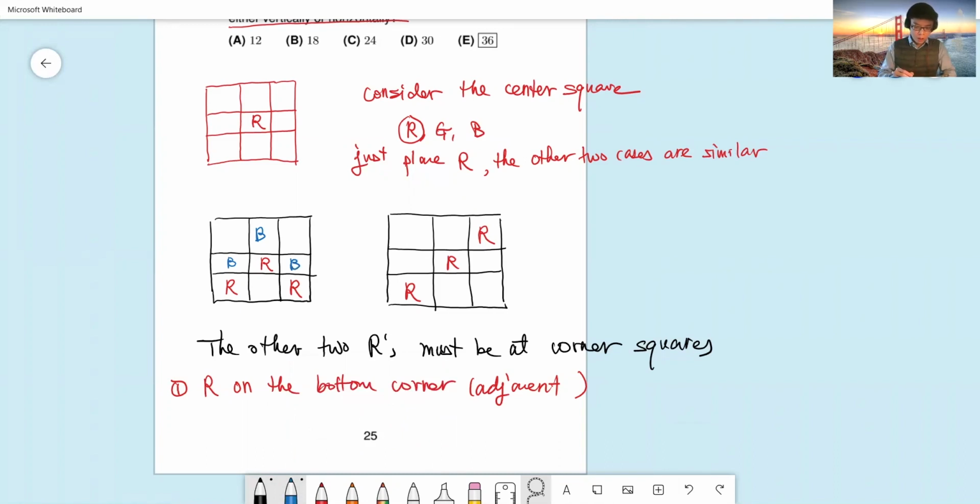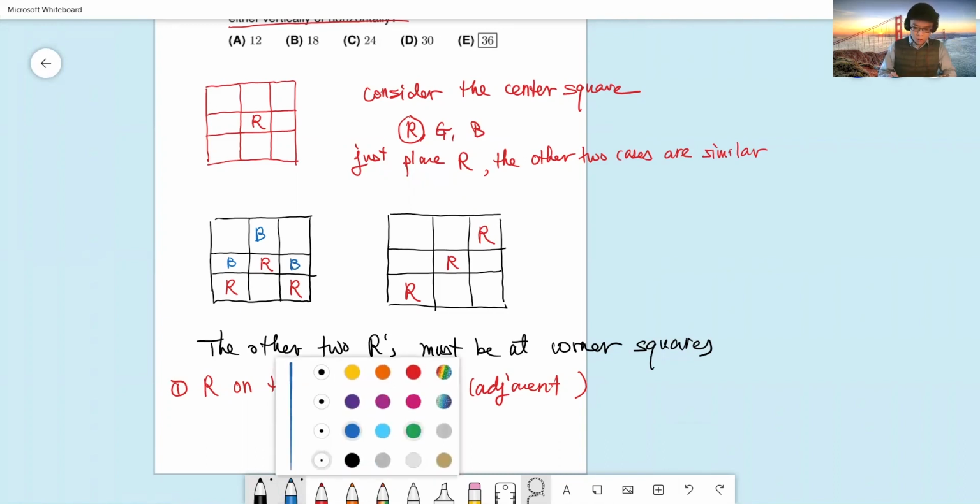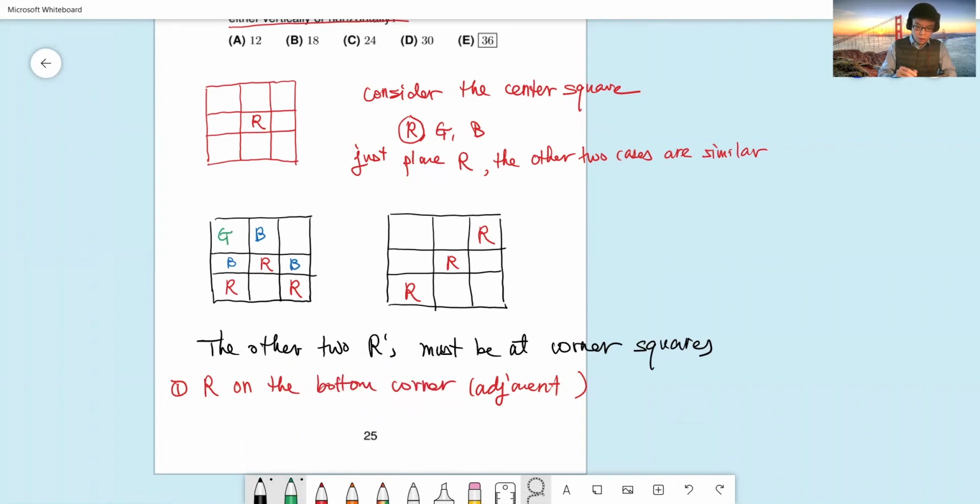And accordingly, green should be the remaining squares here. Of course, we can switch the role of B and G. For example, we can have a G here, G here, G here, and blue here, and the blue here. So there are basically two ways to place B and G.